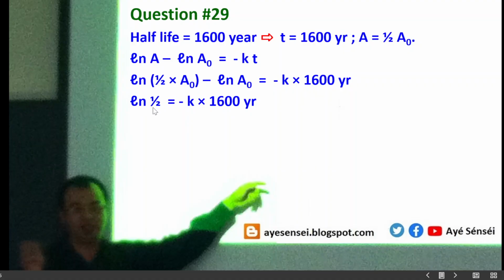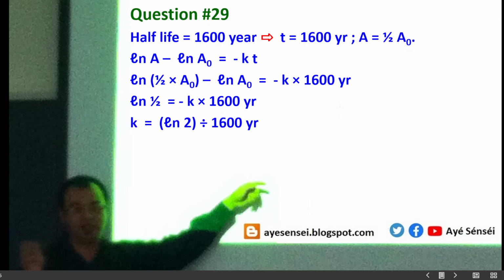Finally we can get this, and ln half is basically ln 1 minus ln 2, or we can directly say minus ln 2, since ln 1 is 0.